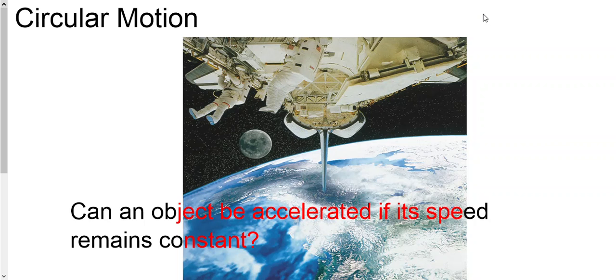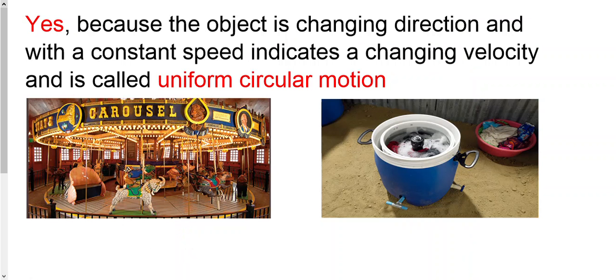Now, it's different. For linear motion, we would say it's moving at a constant velocity, doing horizontal motion. There is no acceleration. But for circular motion, we take note that the object moving in a circle continually changes its direction. Therefore, it is accelerating. So we're going to explore what causes it to change. Yes, the answer is yes, because the object is changing direction.